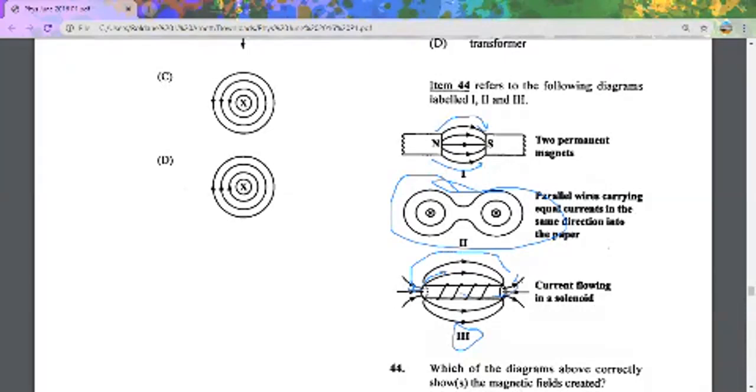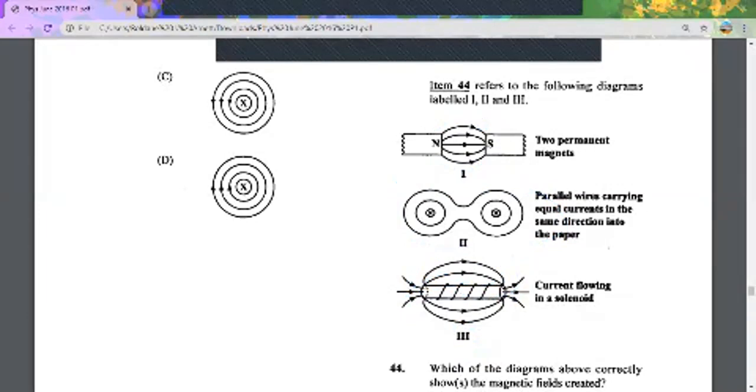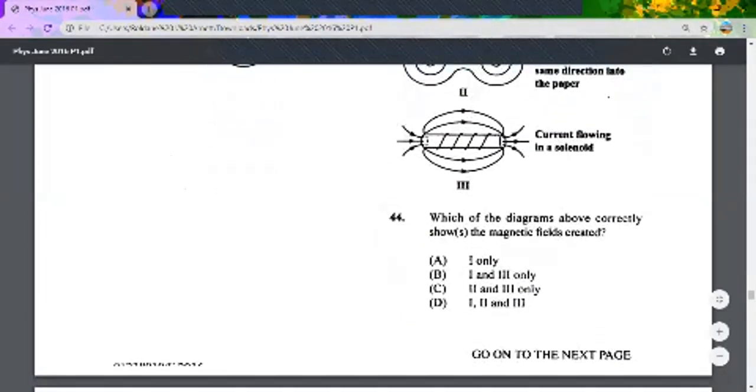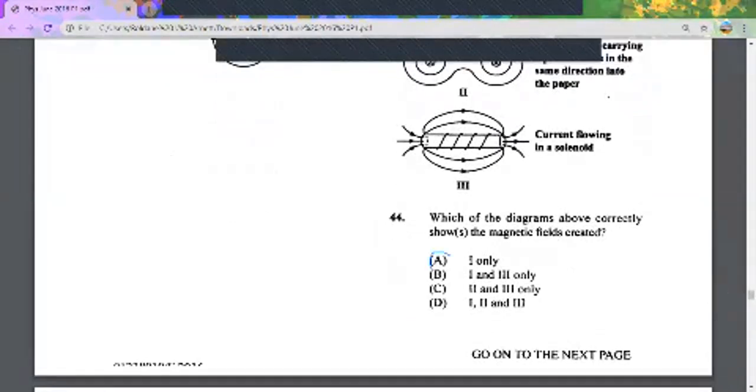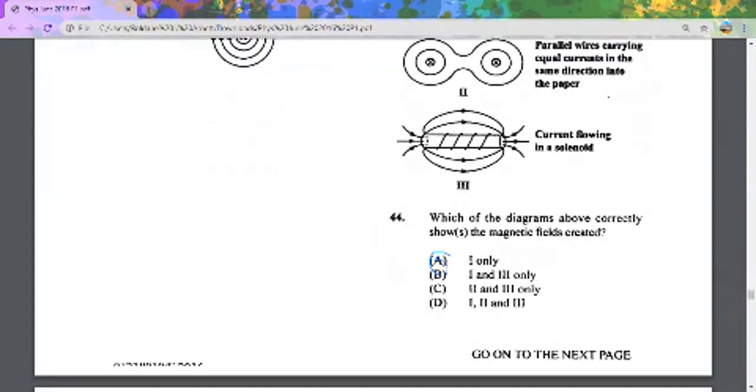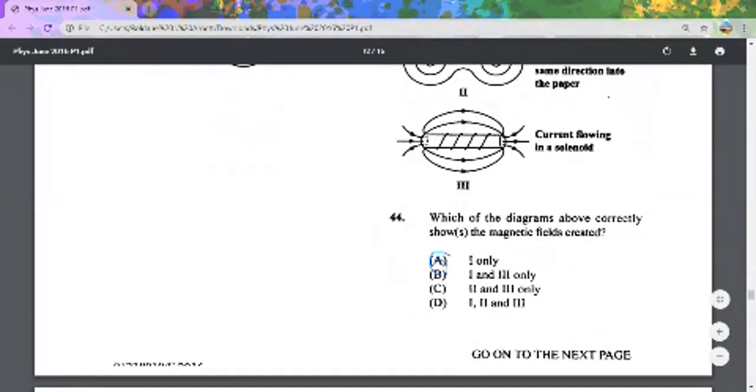You cannot have some going this direction and others going in the other direction. I hope I explained that quite nicely for you. So the answer will be only. Okay. Alright.